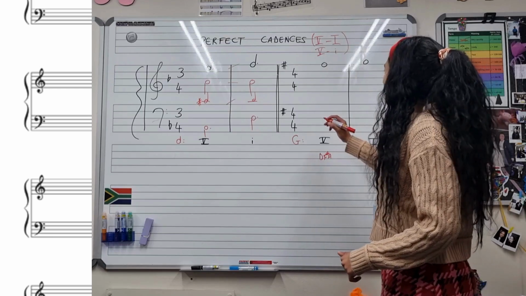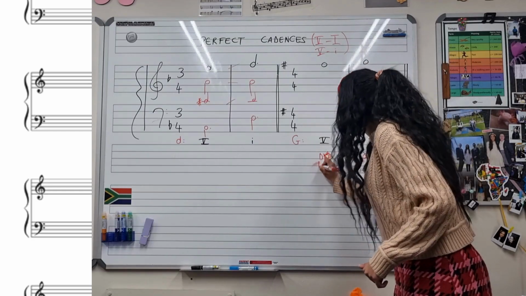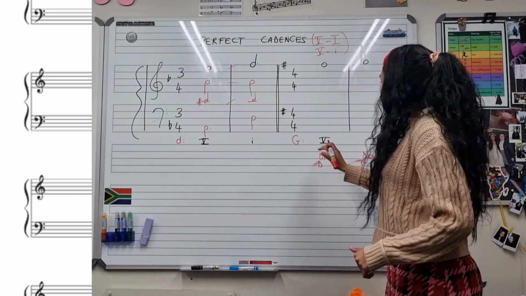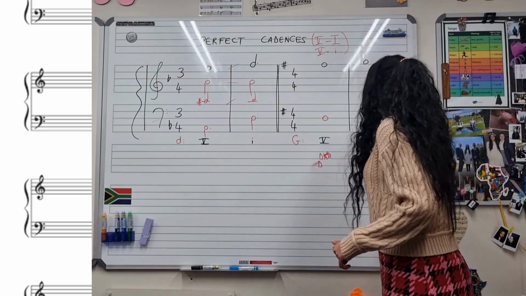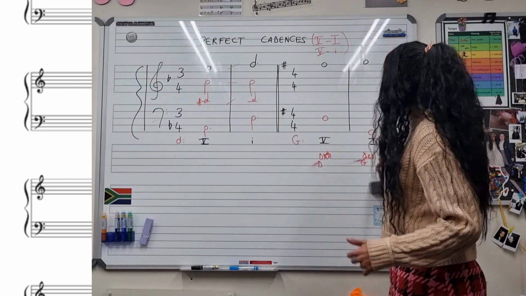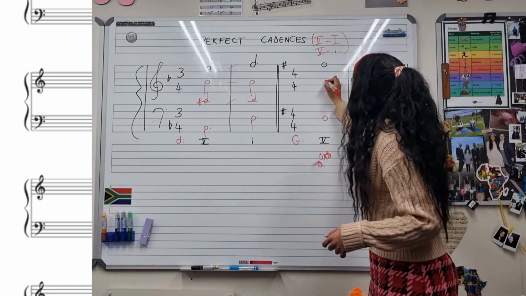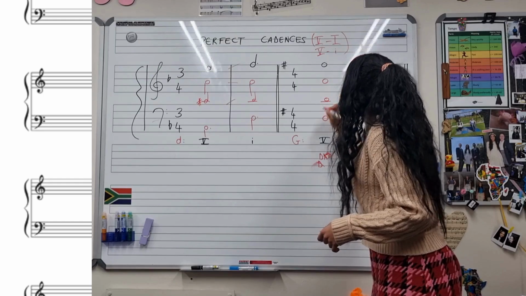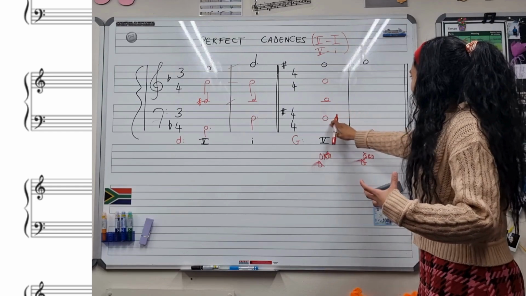Okay, so we already have an F sharp. They give us that. There's a G. Of course, we're doubling our root note in both chords. The D needs to go in the bass here, and the G needs to go in the bass here. I can have this G or that G, doesn't really matter. Now I need to put in a D and an A. I'm going to put the A over there, D over there. Then what did we say? Root notes are in the bass.